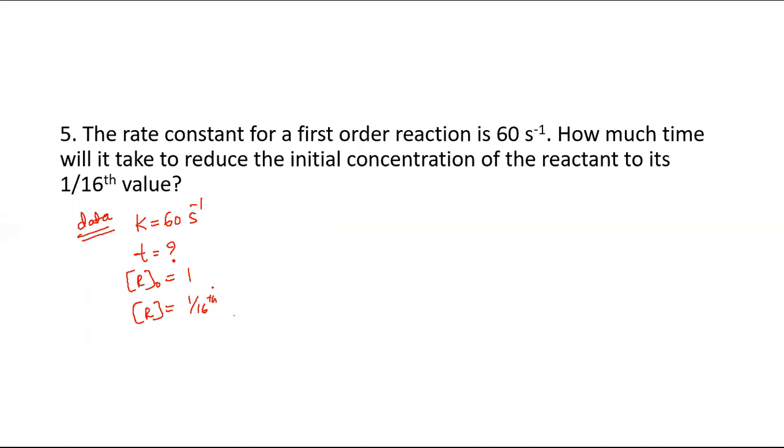Okay, by substituting these values, can you tell me the answer? See, every value I have written, K, R naught as well as R. In the first order reaction formula, you have to find the time here.